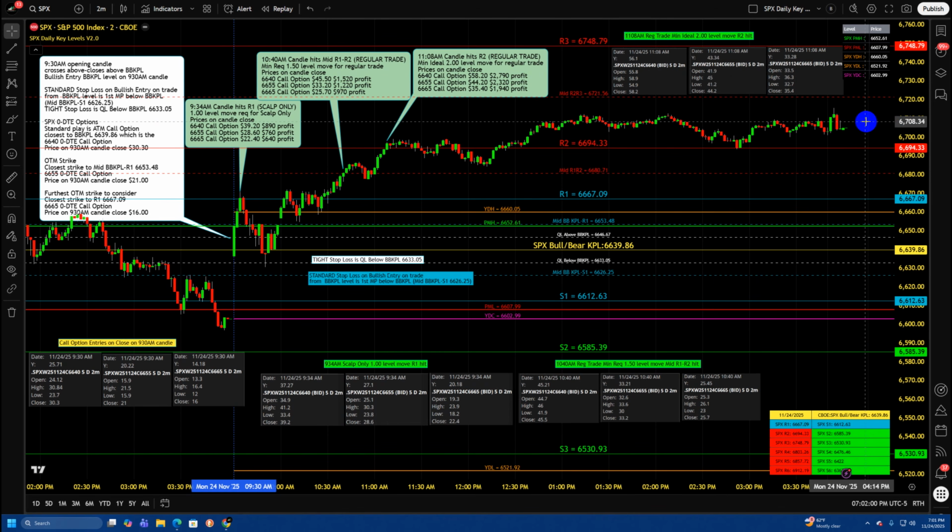So again, as I mentioned earlier in the video, if you'd like to see a video on how this indicator works, what all the different levels mean, and other aspects of the indicator, we've made a new video that goes over all of that, so we can make our session videos a lot shorter and not have to repeat how the indicator works in every single session. Also, you can watch previous SPX session videos in which we go into more detail about how the indicator works, and we have a few of those in the description of this video as well.